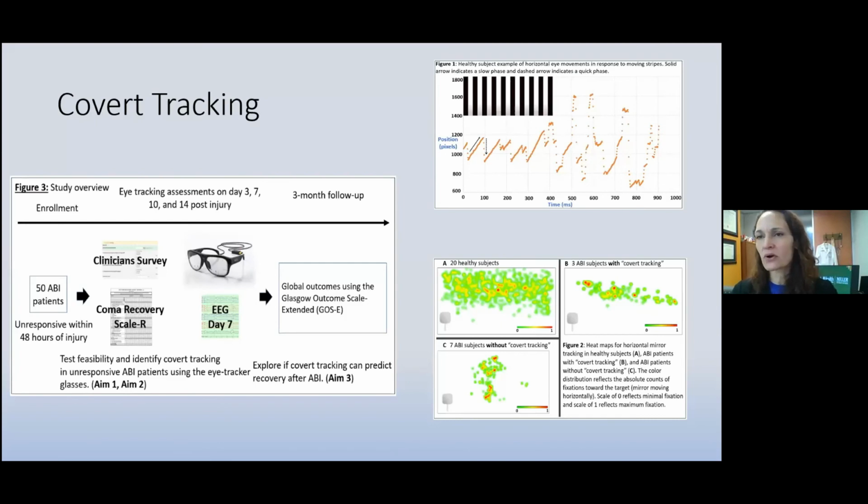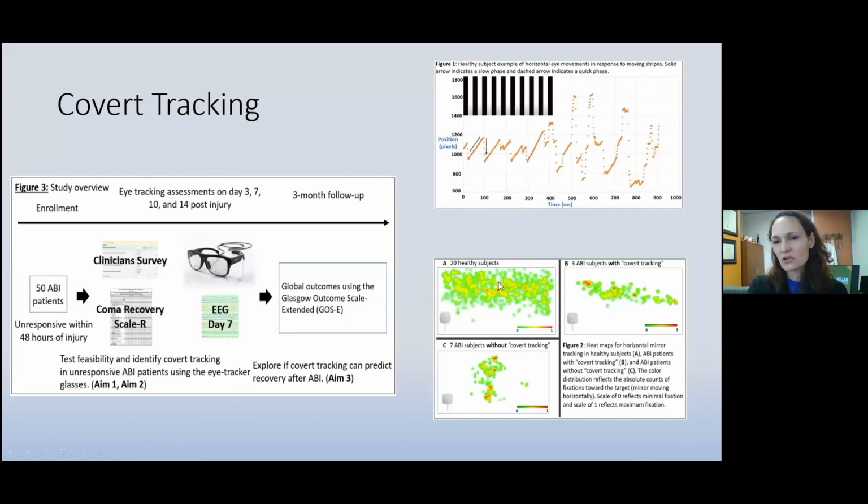It can be a mirror, it can be an OKN strip, and I think there's an orange ball. At the top right is what a healthy control looks like when you look at the tracking. These are little dots, the orange are little dots. And in this part, you can see there's clearly a directional movement of the eyes with the OKN strip. It eventually goes away because people can suppress it when they're awake.